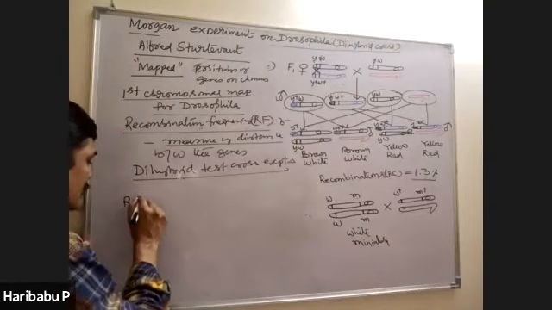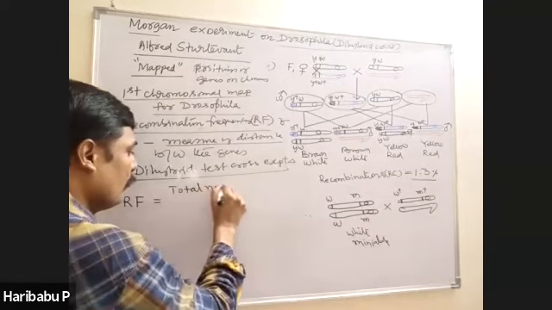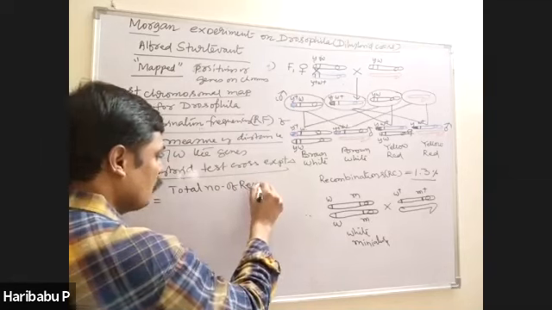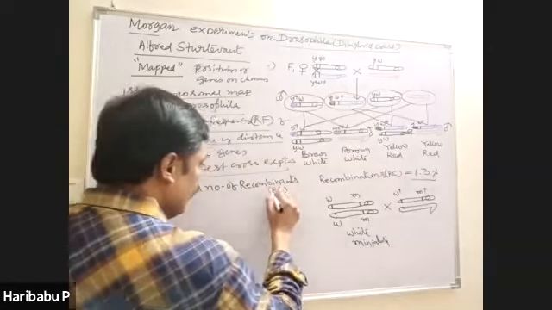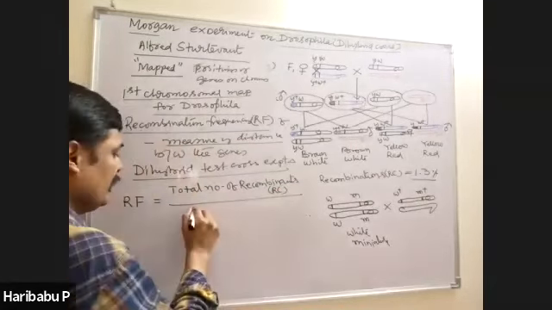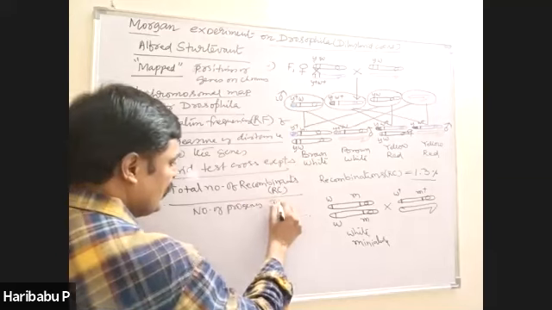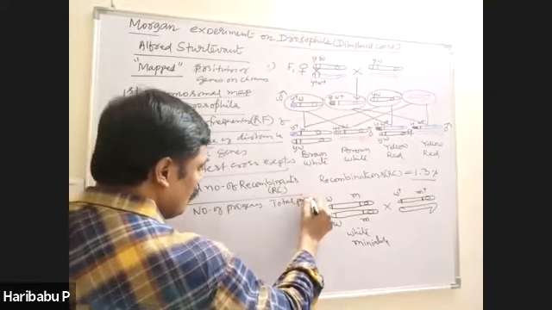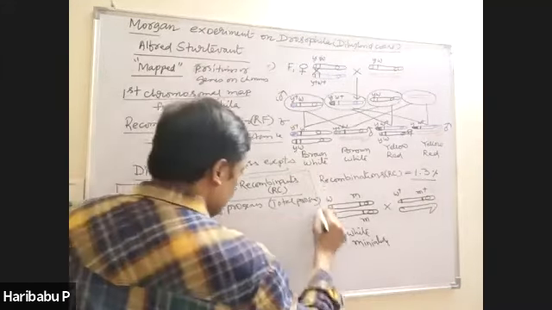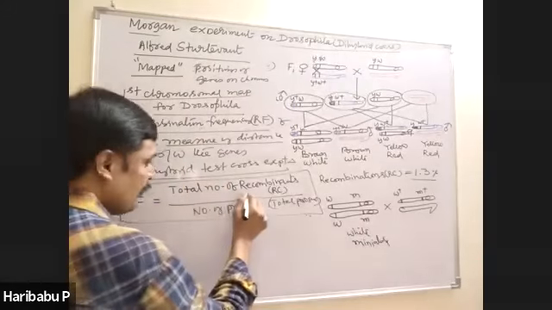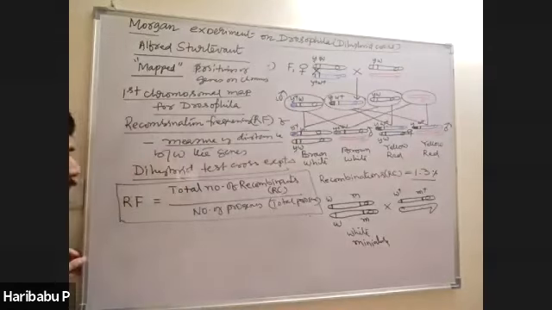Recombination frequency, that is RF, is equal to total number of recombinants divided by number of progeny, nothing but total progeny. Okay?